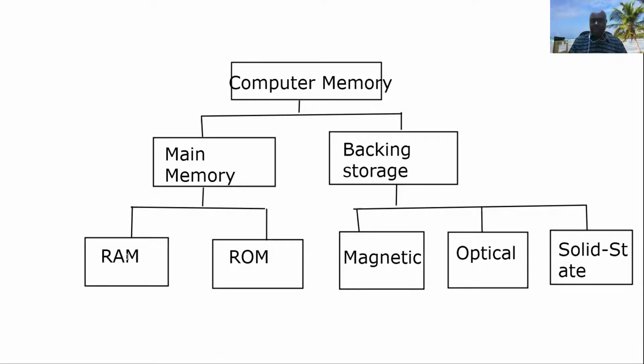And once it's loaded, you can begin typing. What you're typing will primarily be stored temporarily in random access memory. Once you have finished typing or you want to discontinue typing, you might want to save that work with a file name to your hard drive. That is a backing storage device.